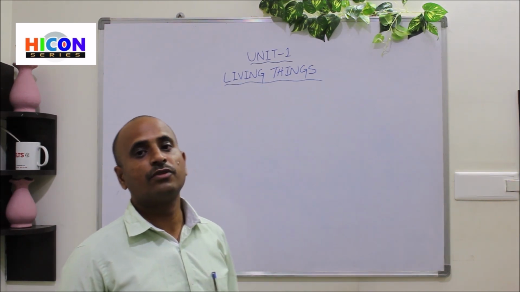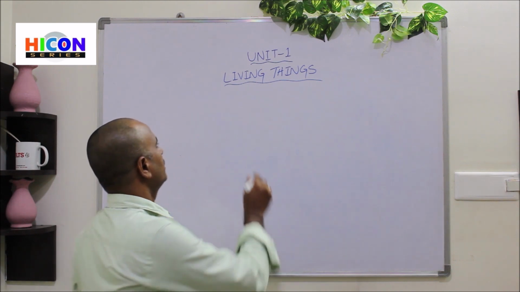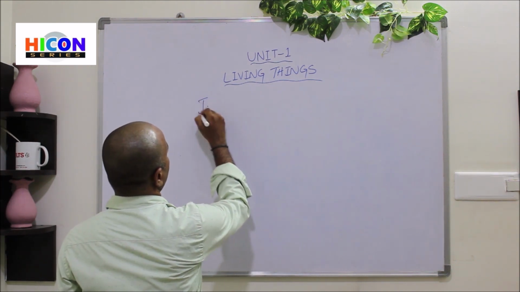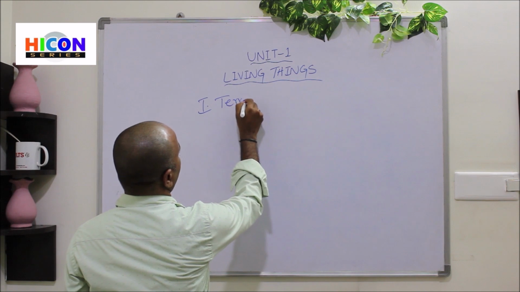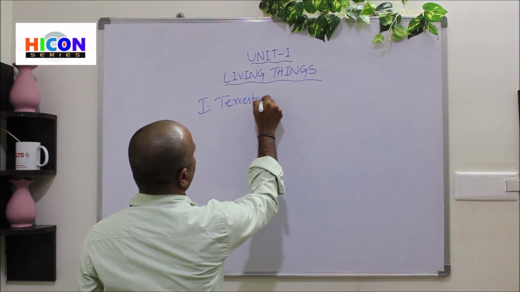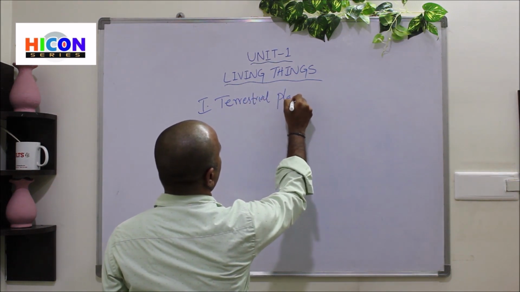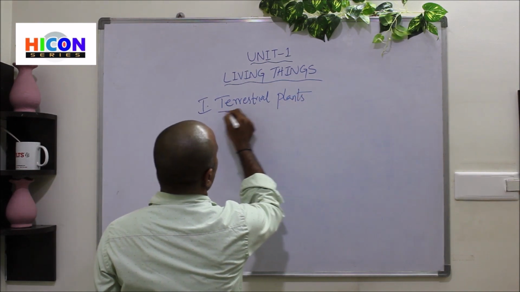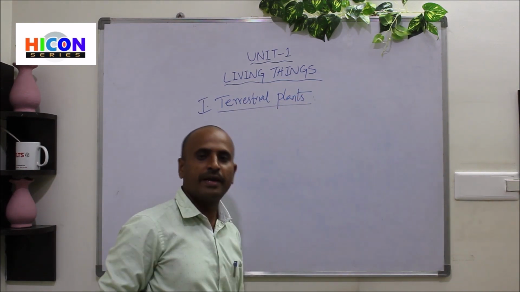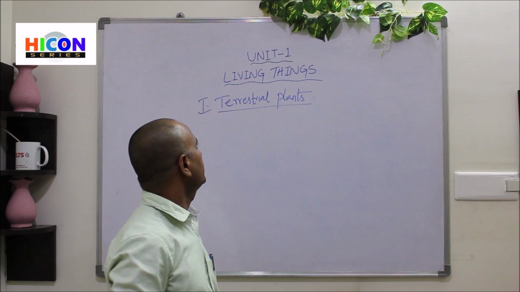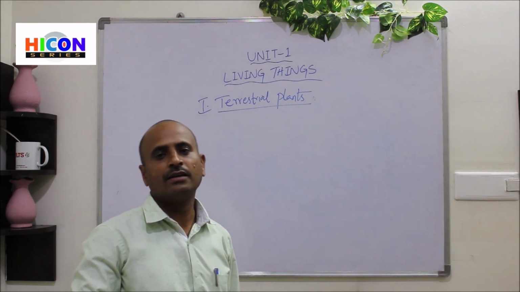Now we will discuss the first type of plants, that is terrestrial plants. So what are terrestrial plants? Terrestrial means land.